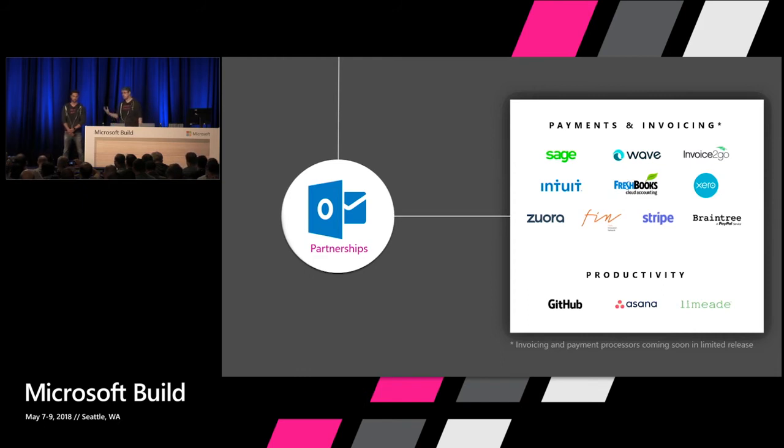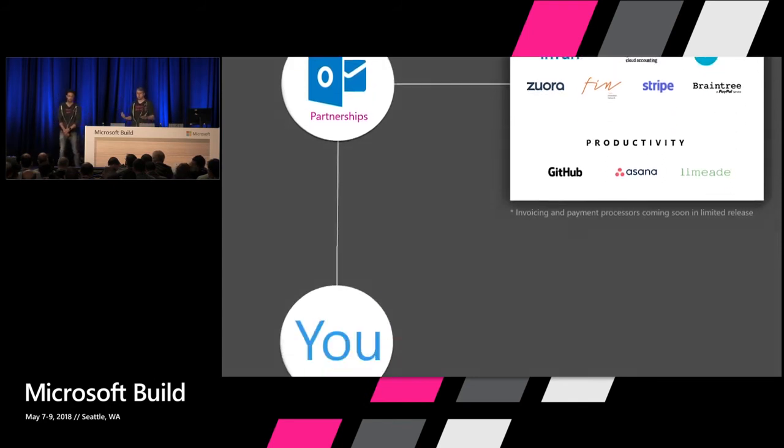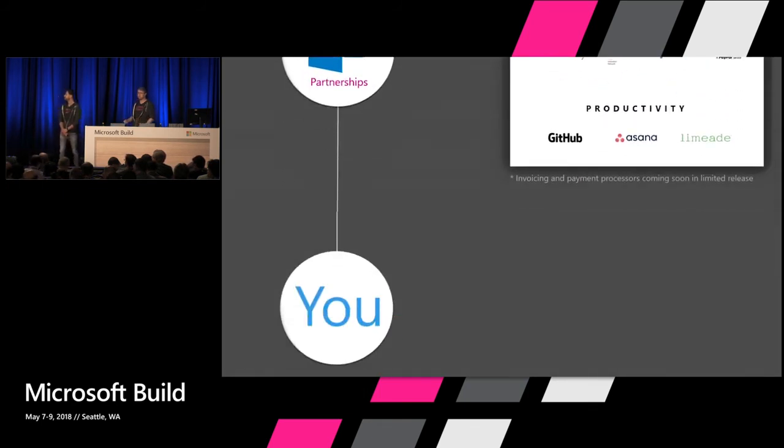GitHub, Asana, and Limeade will all be sending beautiful cards that you can interact with. At the keynote, you probably saw the demo for GitHub and Limeade. So in GitHub, for example, I'm going to be able to comment on an issue or even close it. And we also have payment support in Outlook coming very soon.